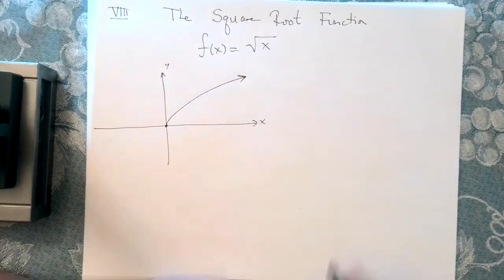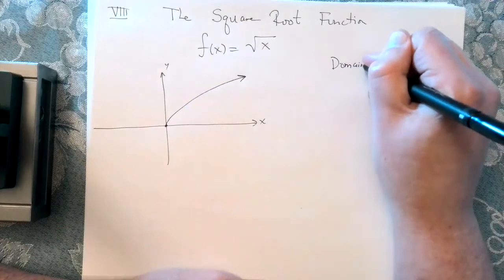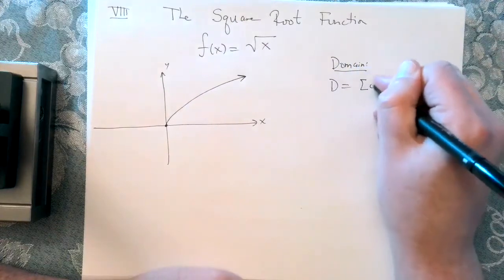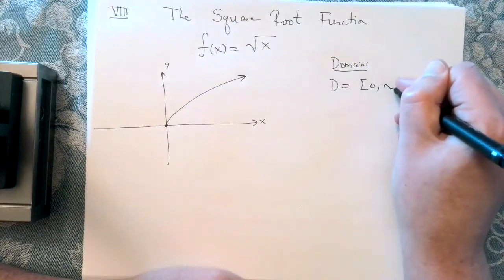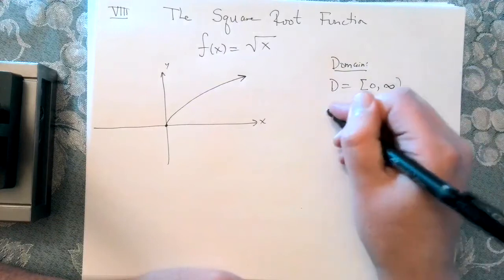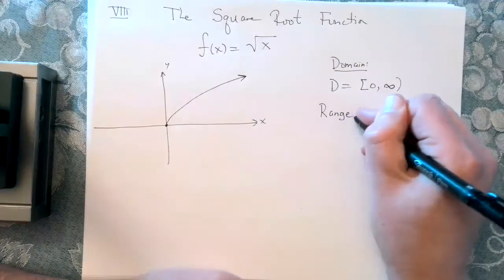Looks like this. And so of course we want to give the domain. So interval from 0 to infinity inclusive of 0. What about the range? Looks like the range is actually the same as the domain in this case.